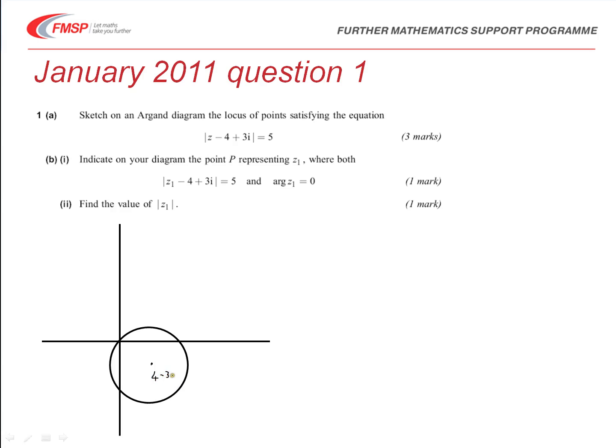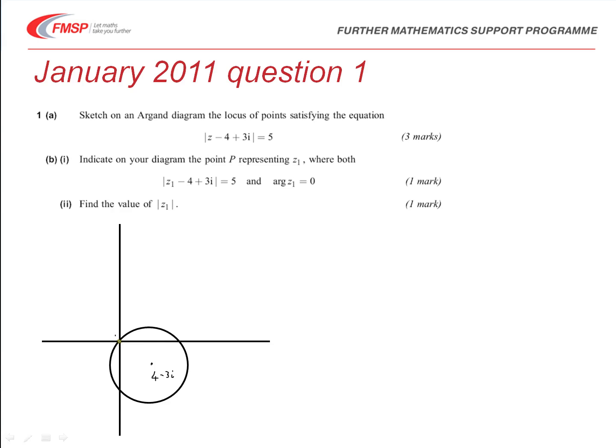It is key that you get the circle in the correct position relative to the axes and also relative to the origin, because the point 4 minus 3i has a modulus which is going to be the square root of 4 squared plus negative 3 squared, which of course you should know is a 4-3-5 triangle. So its distance from the origin is 5, so the origin must lie on the edge of the circle. That is key, that it goes through this point.